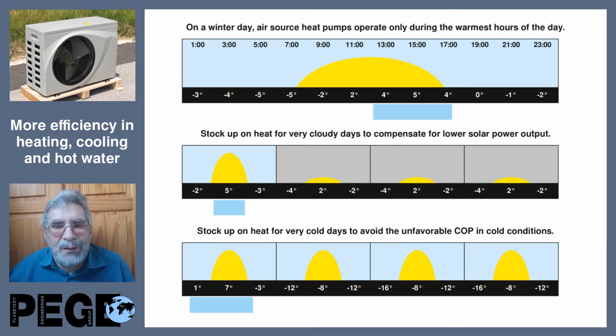Same applies when the weather forecast tells, oh, very cold weather ahead. Then we try all day to use our air heat pumps to bring the low temperature heat storage to a higher temperature. And on the days when it's very cold, we don't use the air heat pump. We skip these days.